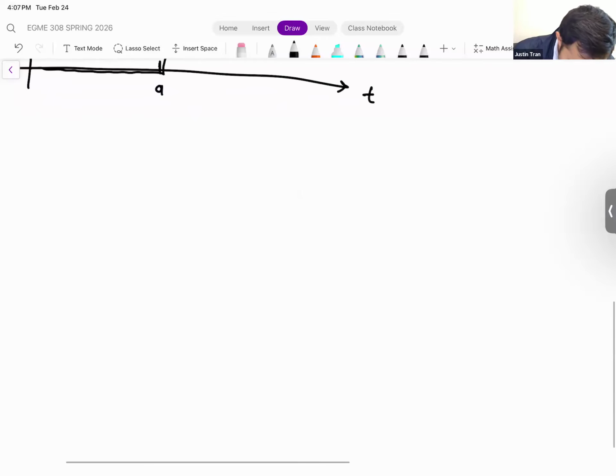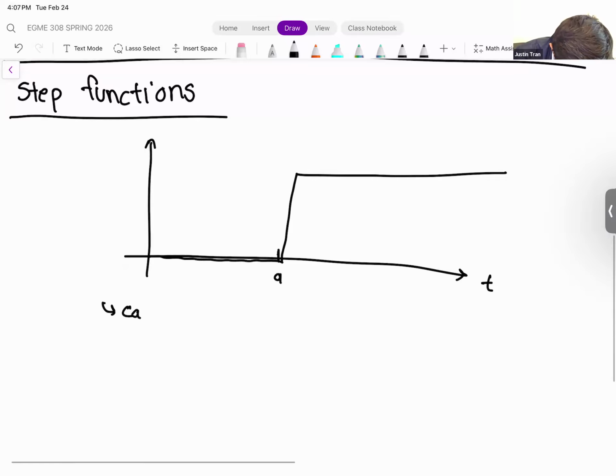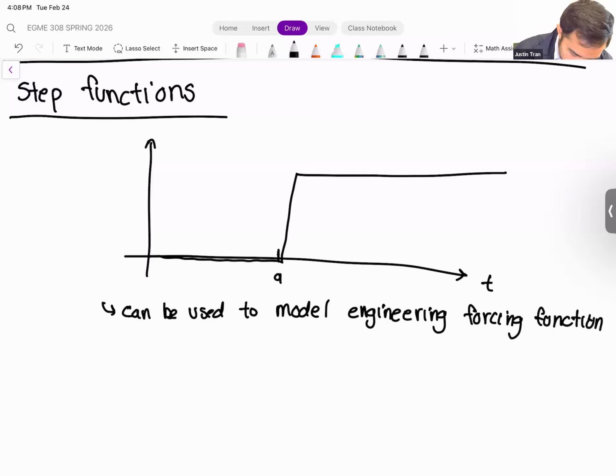And primarily, we're going to be using this function to model forcing functions that either start and stop abruptly.